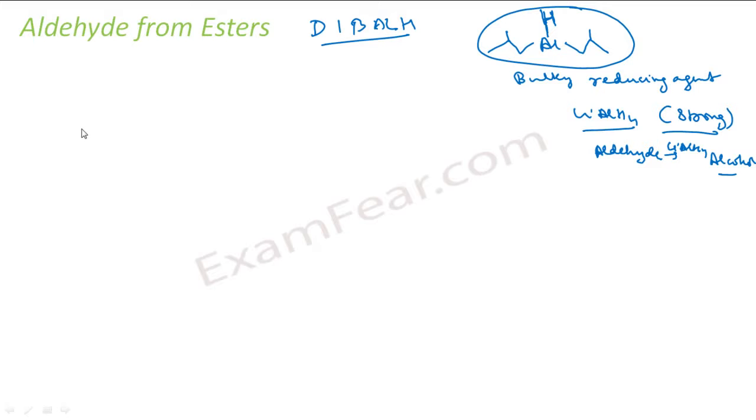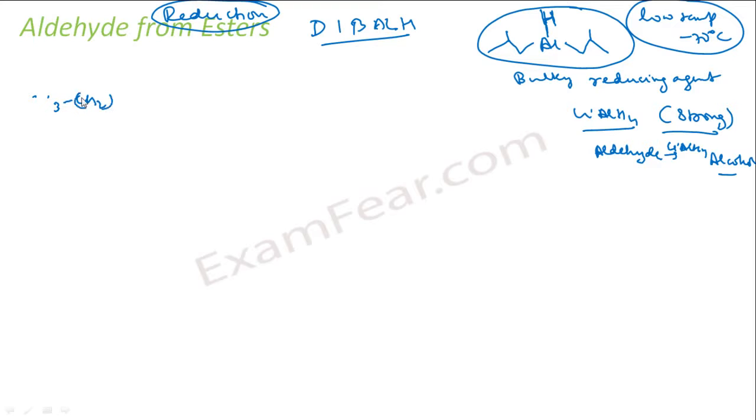Correct. So here we do the same thing and we use a low temperature, minus 70 degrees Celsius. And this is all reduction actually. So hope you understand we are doing a reduction by a weak reducing agent at a low temperature. Right. So I have, let's suppose, an ester.